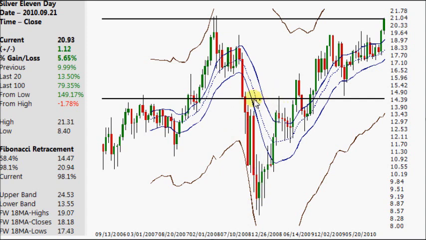However, for those people that did buy in at this level, held this, and then held this, now all of a sudden they're back to profits again, and they have been ever since. So you don't always have to pick the exact bottoms when you buy, nor the exact tops when you sell.